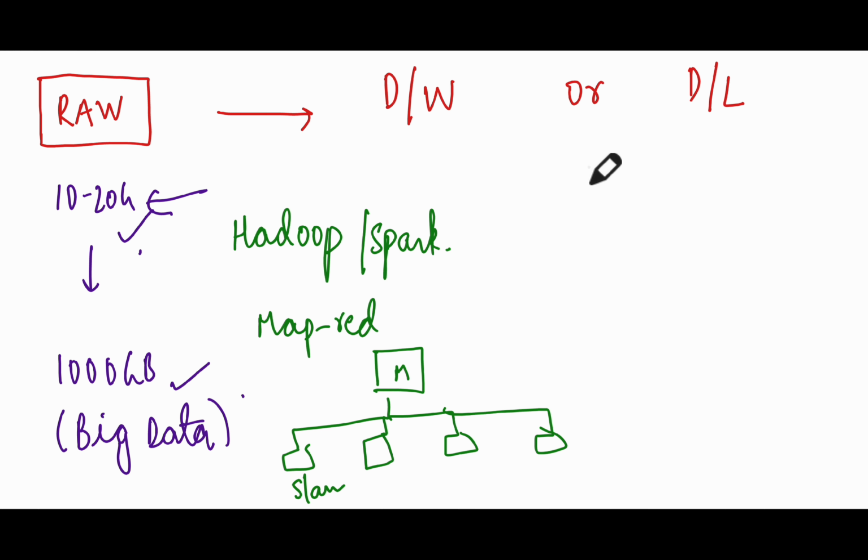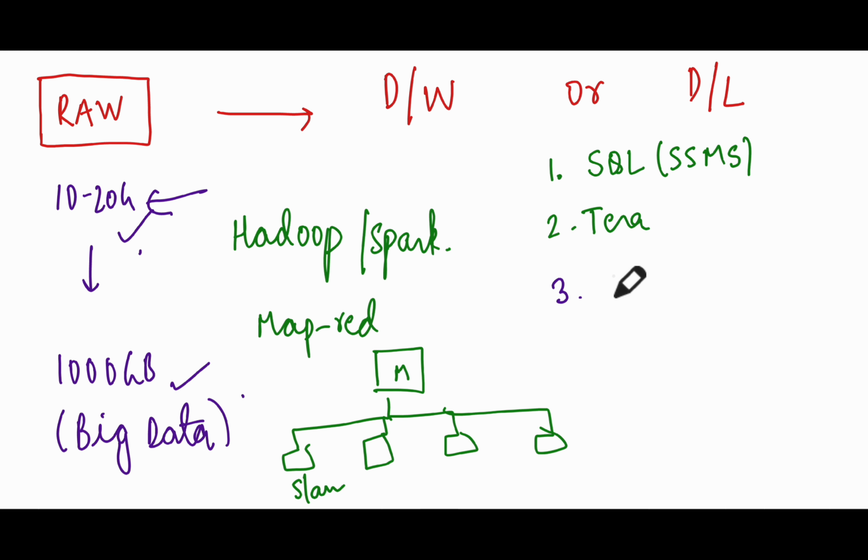Now, what are these data warehouses? It can be a normal SQL server, for example SSMS, SQL Server Management Studio, or Teradata, and there are multiple other options. The problem is that traditionally it was good, but as the data size increases, it gets very difficult to store things on hard disk normally.